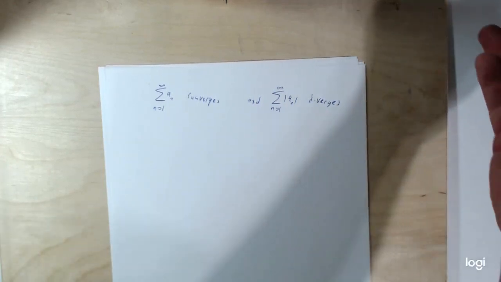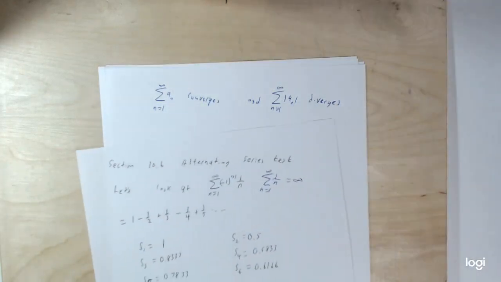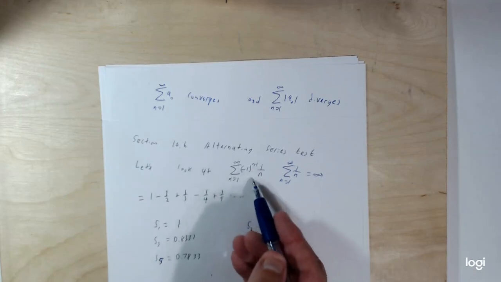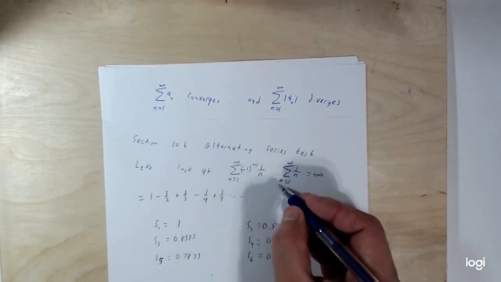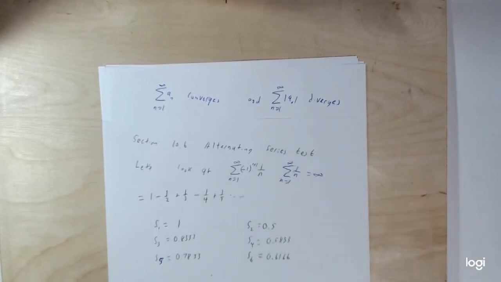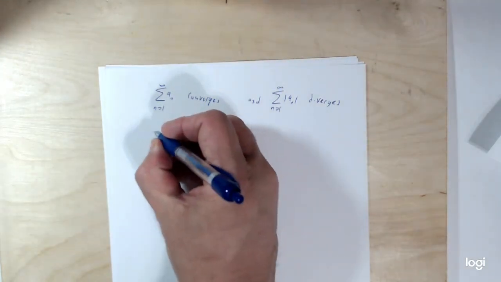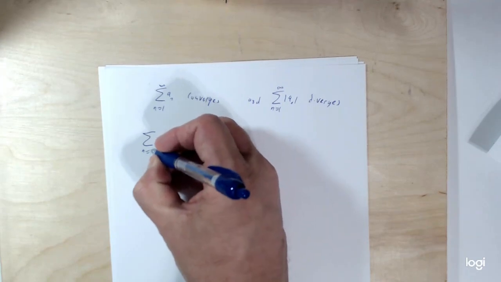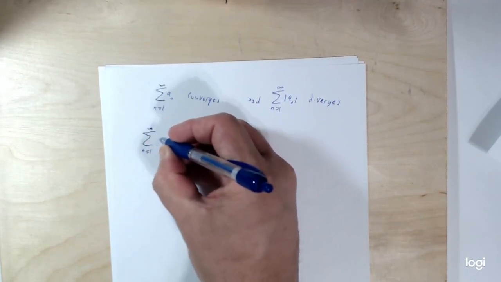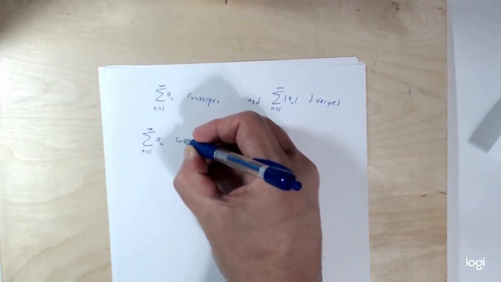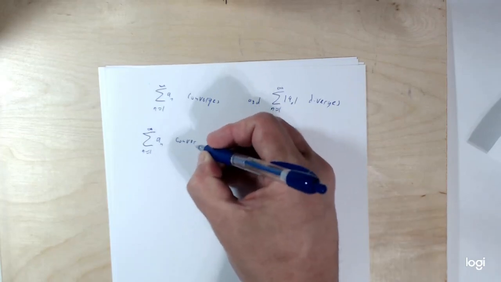Remember back here, we had this one converging, but without that negative 1, it diverged. Then we say that this sum, n equals 1 to infinity of a sub n, converges conditionally.